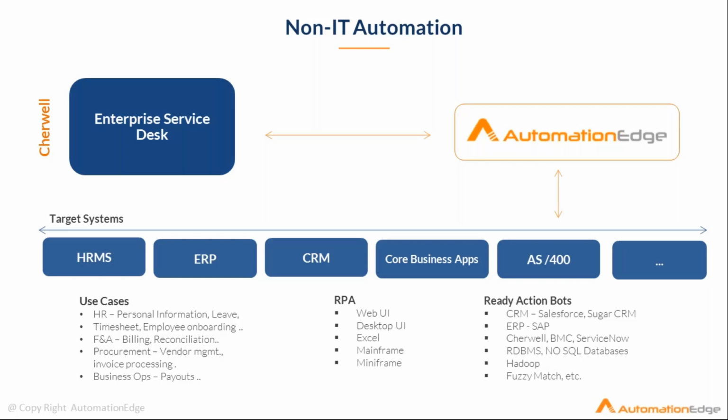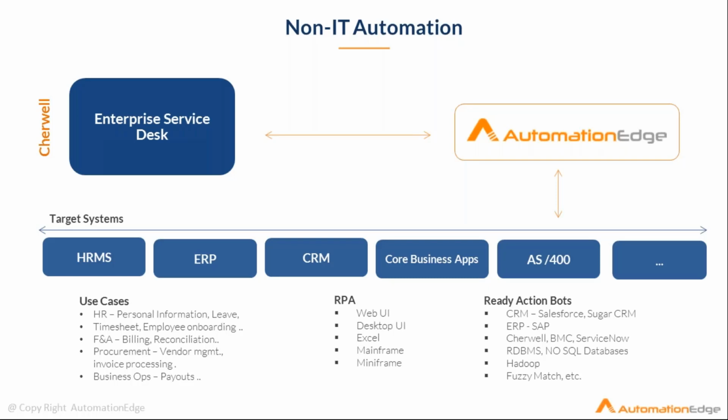So we have connectors, and I will explain how it works in the next slide, but essentially it will go and fulfill that request using the software robots and resolve the ticket. So the end users get a quick turnaround time, and there is no cost involved in fulfilling those requests by putting human resources.